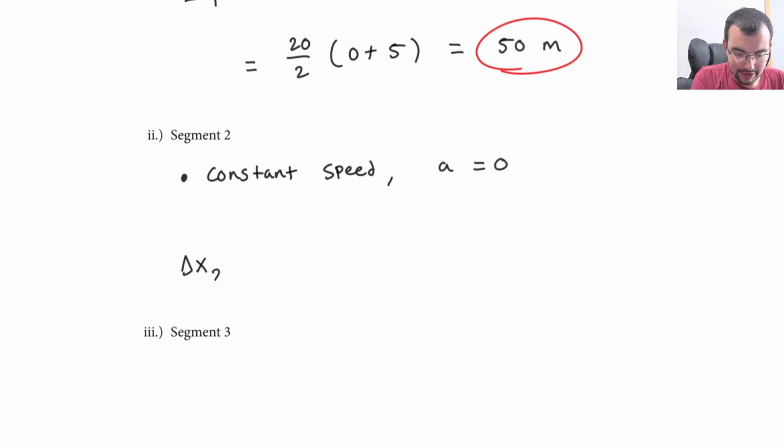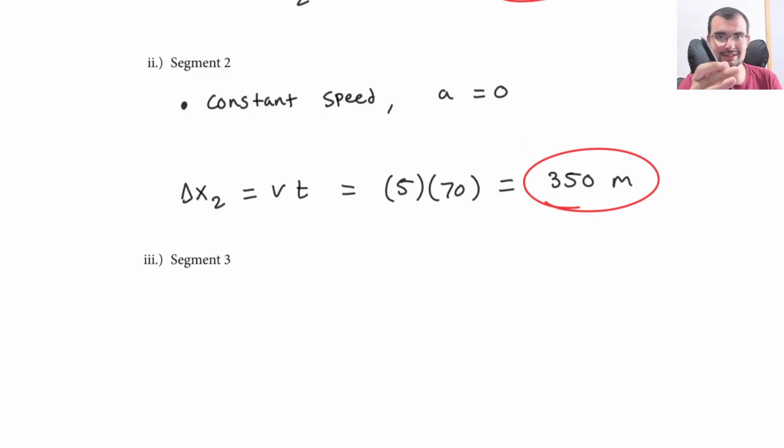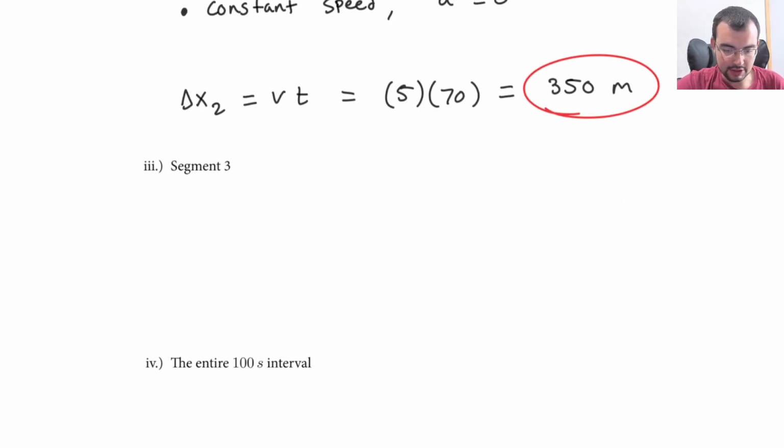It's delta x equals vt. So they're maintaining their final speed of 5 meters per second, and they're doing that for an additional 70 seconds, which gives us 350 meters. Right? Because their velocity is now constant. So we just go 5 meters every second, 70 times.